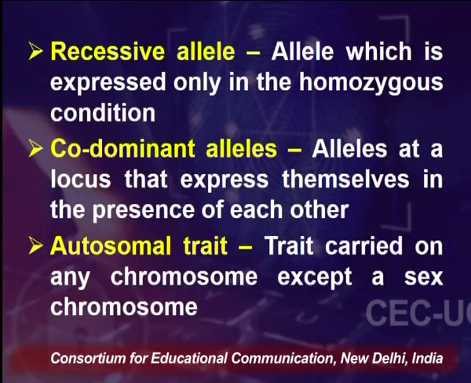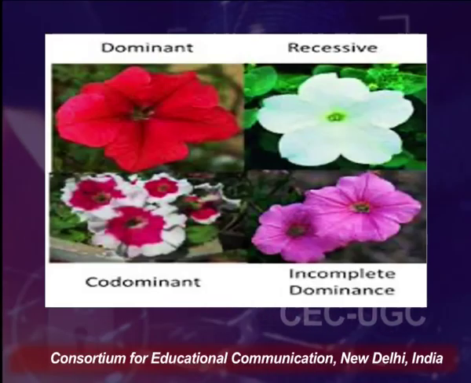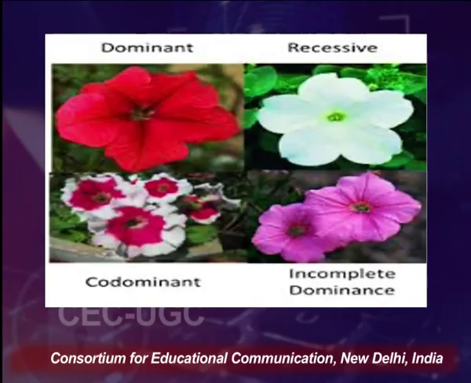So, if we are talking about dominant and recessive, there is also another condition, codominant. That means alleles at a locus express themselves in the presence of each other. Looking at the example, the dominant color is the red of a flower, recessive is the white of the flower.